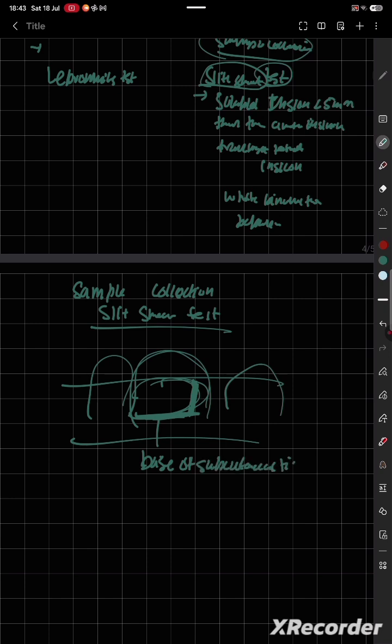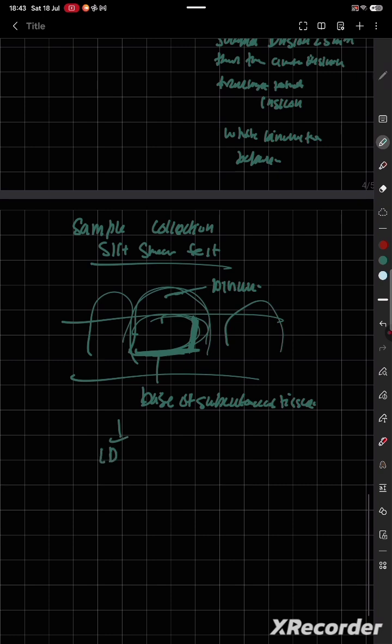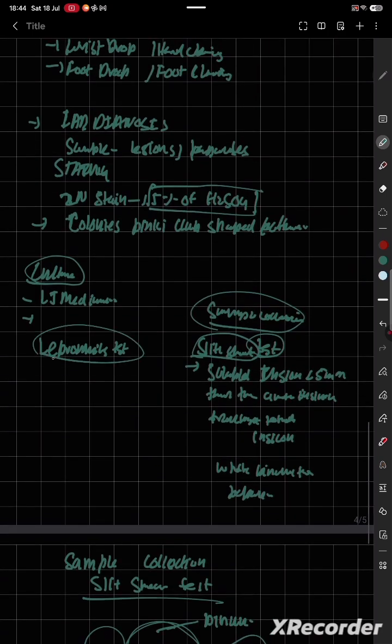We want the base of the subcutaneous tissue to be there. While pinching the papule, the physician takes it up and cuts it off. Then he will check it for the cell count. If the cell count is high or the slit smear test is positive, it is multibacillary. If it is negative, it is paucibacillary. Okay, this is this much. Next, the lepromin test.